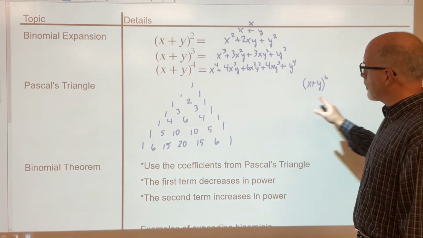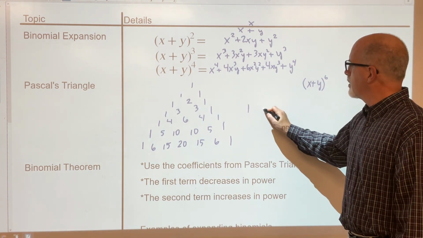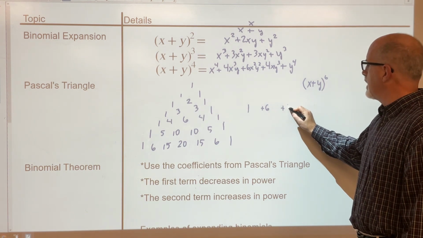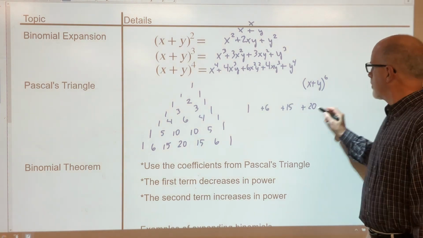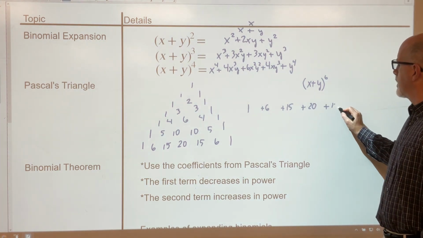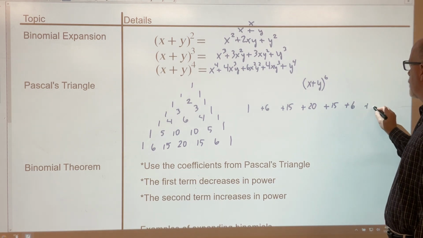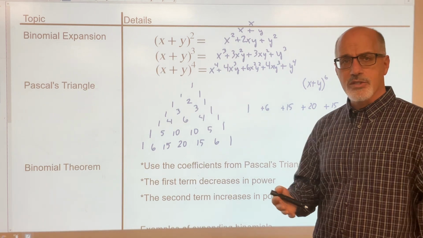Now let me write out those coefficients here. So I'm going to write 1 plus 6 plus 15 plus 20 plus another 15 plus 6 and then plus 1. Now, how do you fill in the x's and y's is the next question.